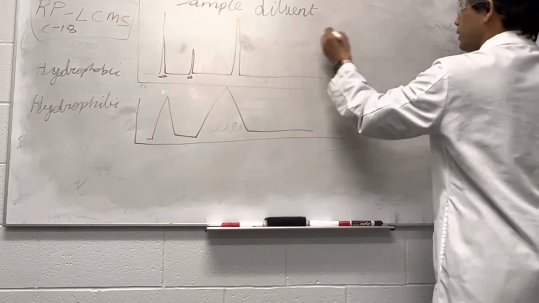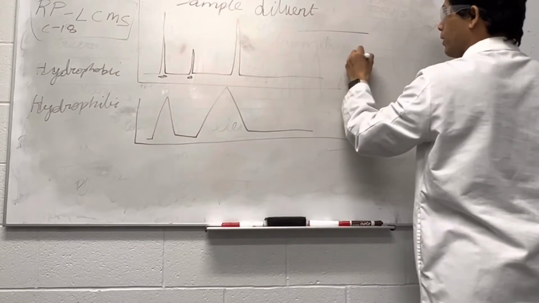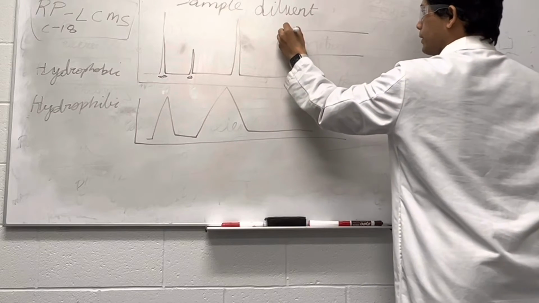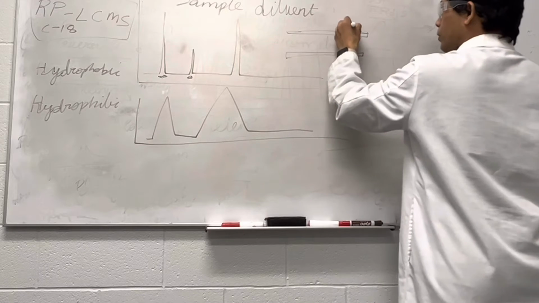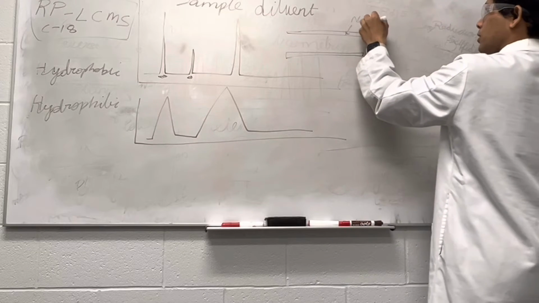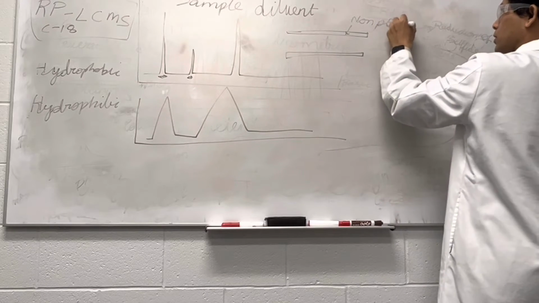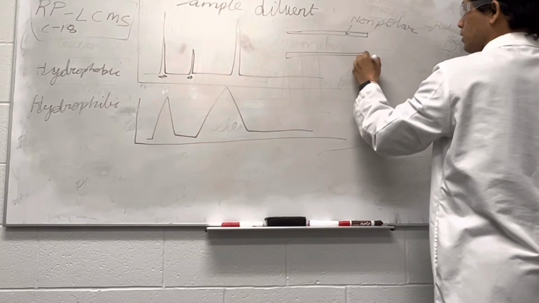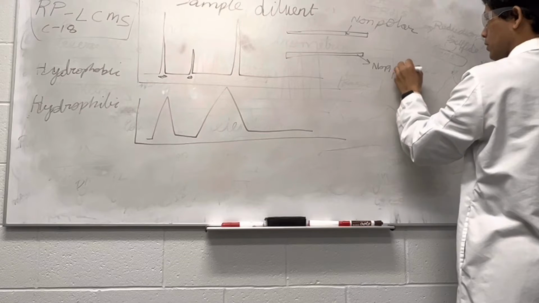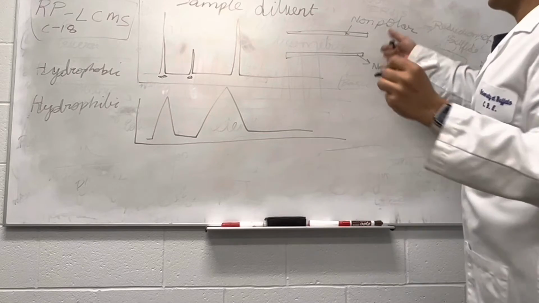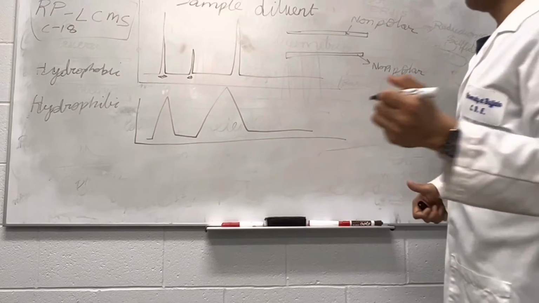How this C18 column functions is that it has a stationary phase that is non-polar. Majorly it is non-polar, and non-polar will attract non-polar.